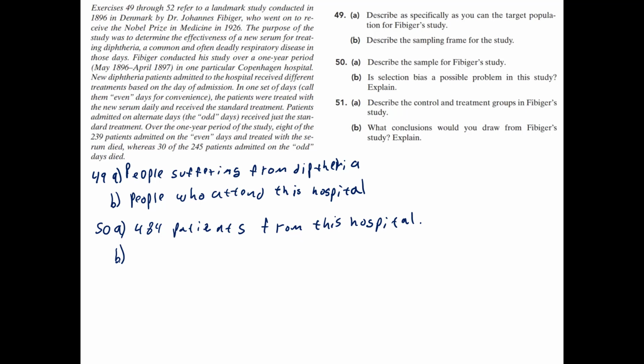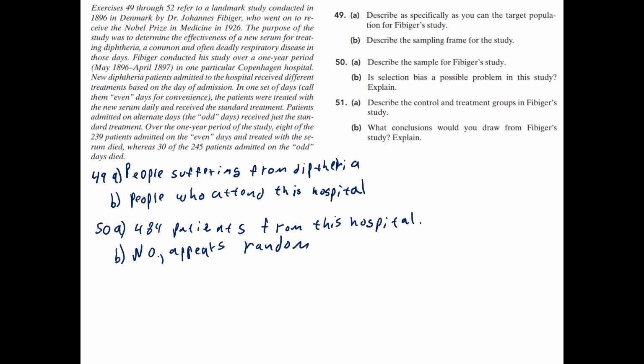So it does not seem like there's any bias possible unless you knew somebody and you told them, hey, you might want to show up on an odd day, but there's no reason to believe that that's going on. So we'll go ahead and say no, appears random.